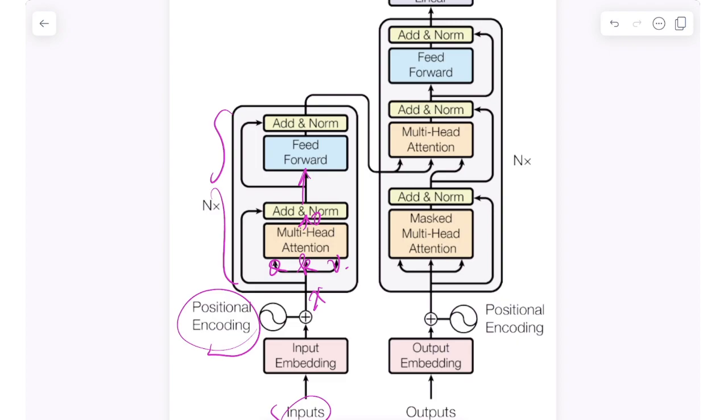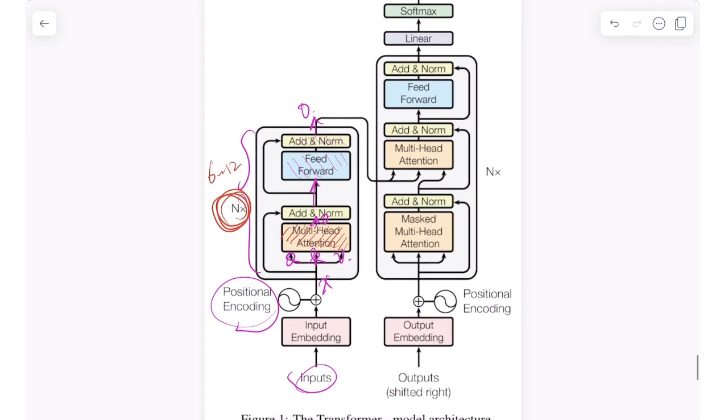And we have a feed-forward neural network right here and some normalization right here. So that is the actual output of this attention block. Attention is only in this part. But for BERT, we have some extra structures to pass the information to the next layer. And as I mentioned, usually there will be 6 layers or 12 layers in this structure. And the left-hand side is what we call the encoder.